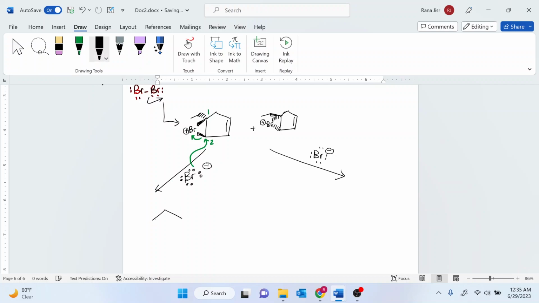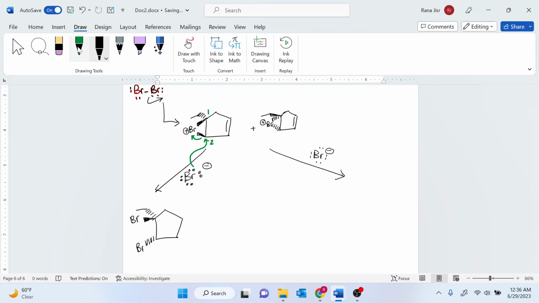So in this case, I would end up forming my bromine over here, okay, and then my bromine at the back. You need to consider the stereochemistry in there. This is going to be a trans addition, and that is going to push the ethyl group to be at the back. The bromine here is going to retain the same stereochemistry as the cyclic bromonium ion. So this bond is going to open up or break, and the bromide is going to add to this carbon.